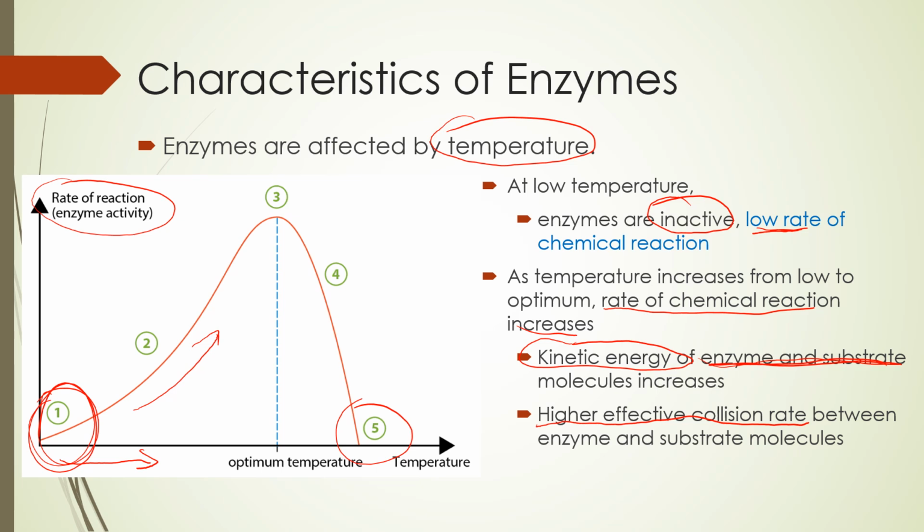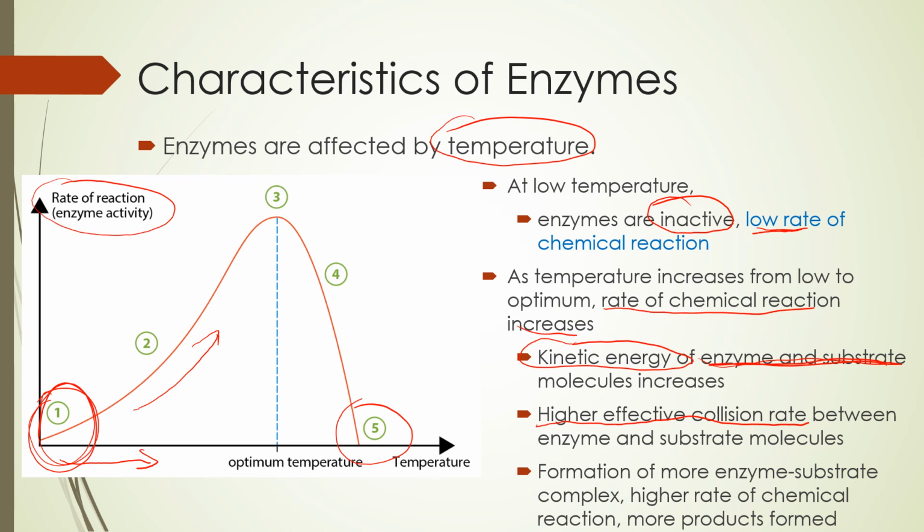So the enzymes and the substrate molecules, because they are moving randomly faster, there is a chance that they will collide more. And when they collide more, there will be a chance that the active site of the enzyme can just nicely fit into the substrate molecule.